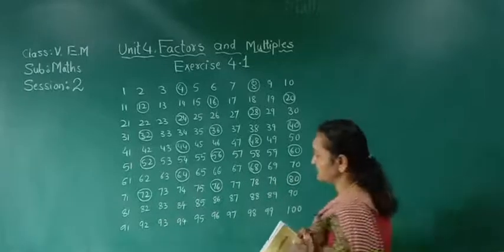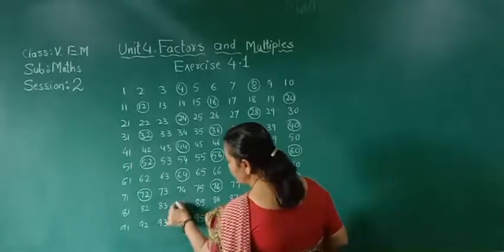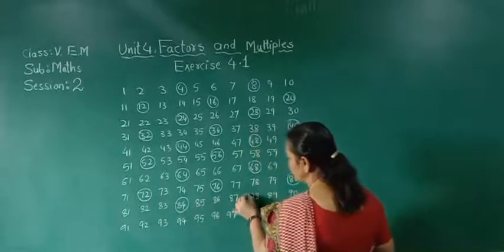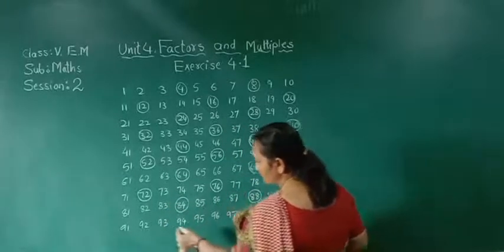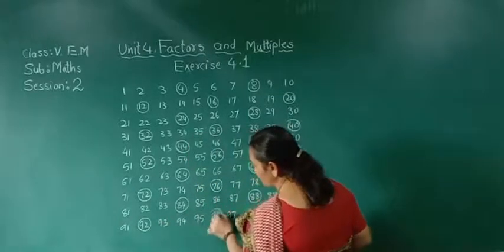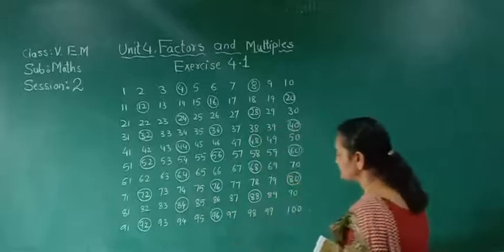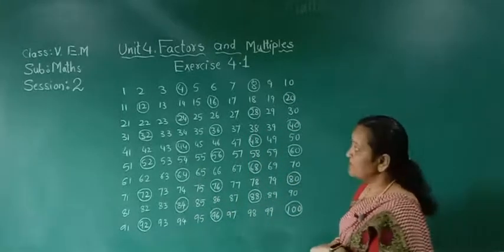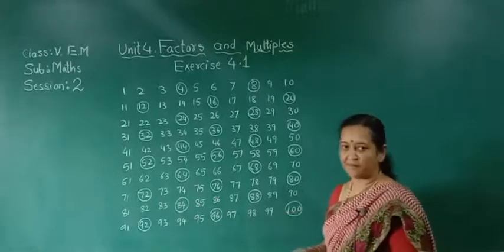Then similarly 21 4s are 84, then 22 4s are 88, 23 4s are 92 and 24 4s are 96 and last 25 4s are 100. Here you can say multiples of 4, every fourth number.